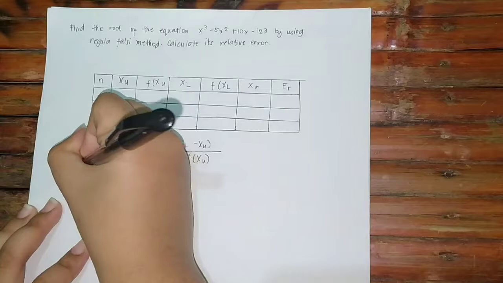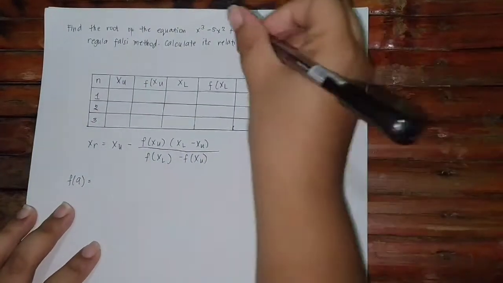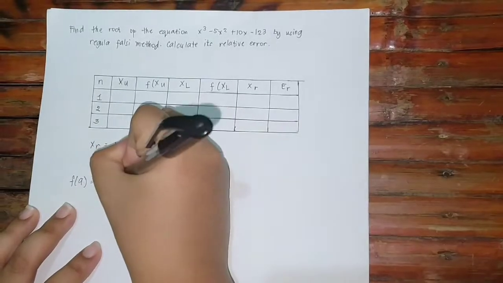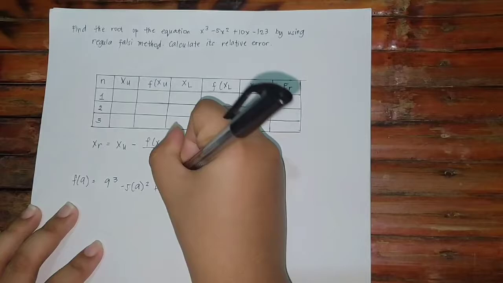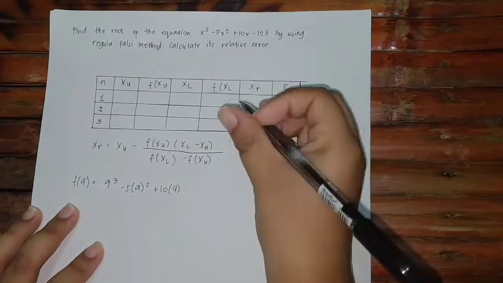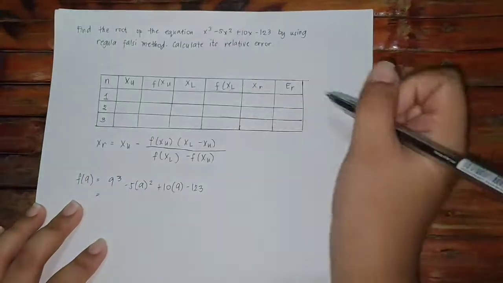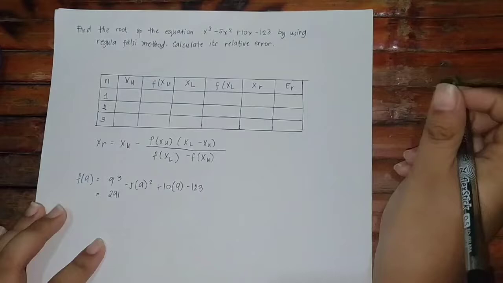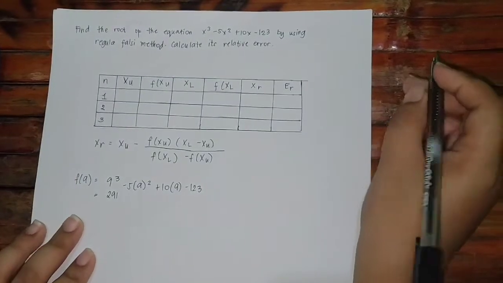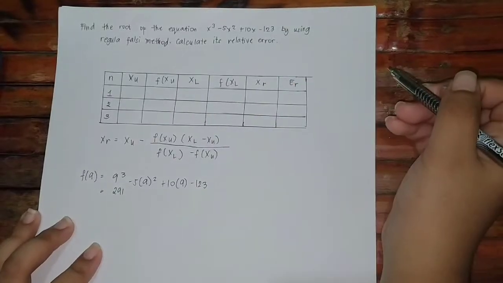So f(9) is equal to 9 cubed minus 5 times 9 squared plus 10 times 9 minus 123. It will give us 291 as calculated.